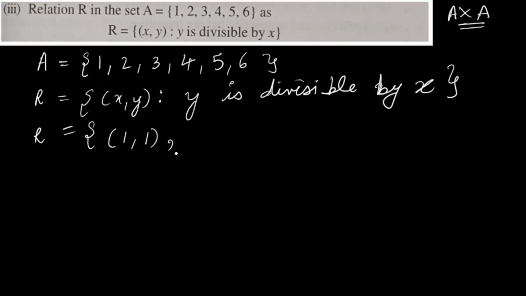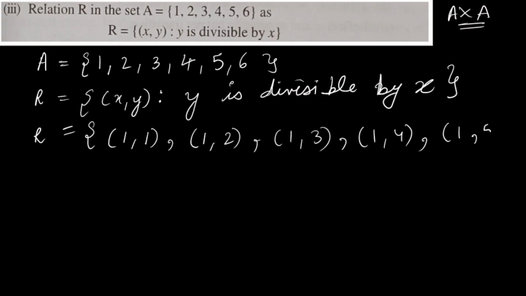With 1, all the elements are there, because 1 divides all of them. So this will be 1, 2 also will be there, 1, 3 will also be there, then 1, 4 is also there, 1, 5 is also there, 1, 6 is also there.